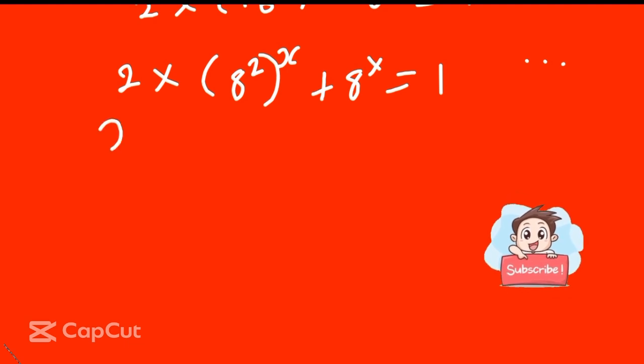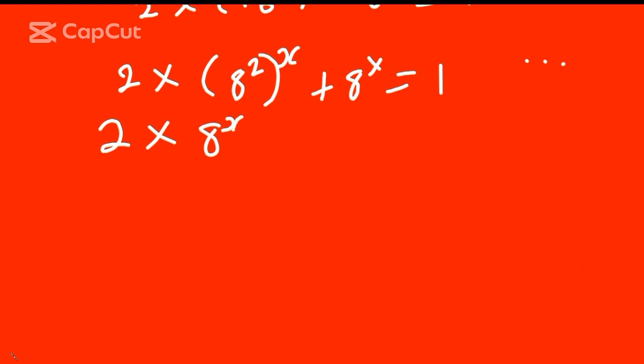This equation can also be written as 2 multiplied by 8 raised to the power of x, all raised to the power of 2, plus 8 raised to the power of x is equal to 1.